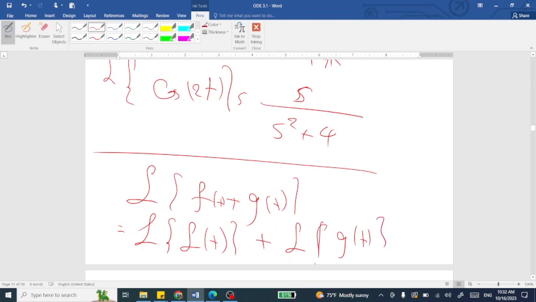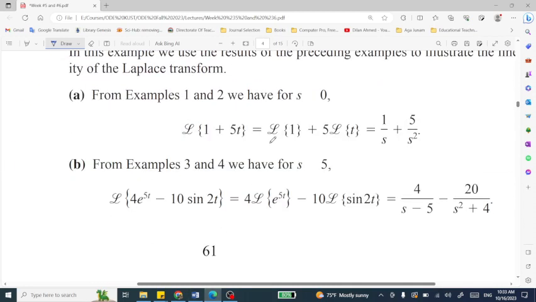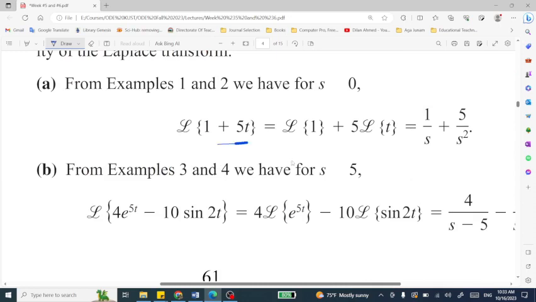It means that the Laplace transform has no problem with sums. So how do we solve that one?